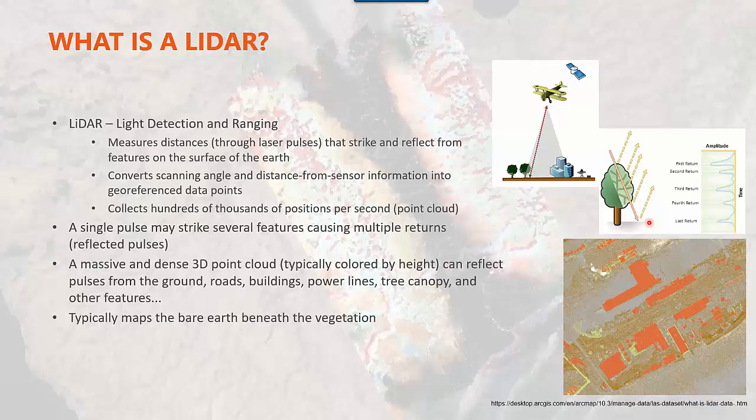These 3D point clouds are typically huge. They are colored by height and reflect pulses from the ground, roads, buildings, power lines, tree canopy, you name it. One of the typical products is that it maps the bare earth beneath the vegetation.